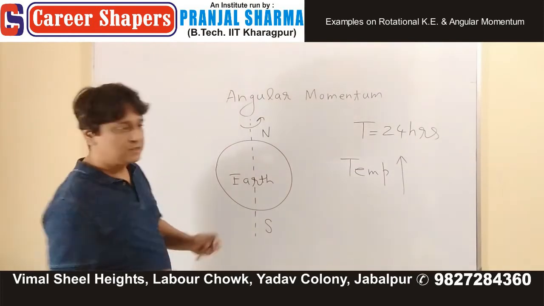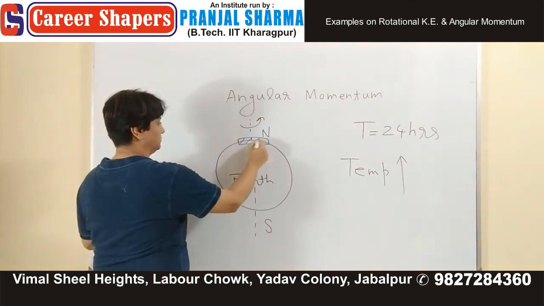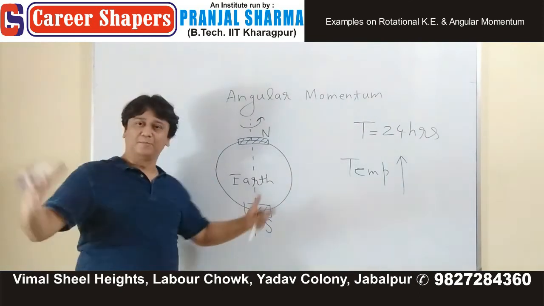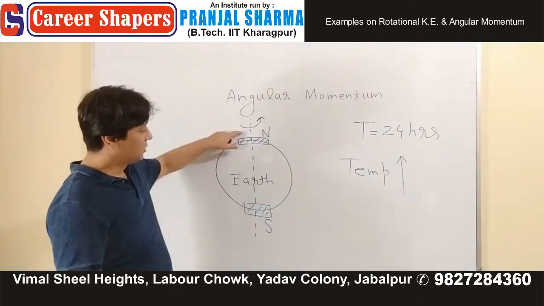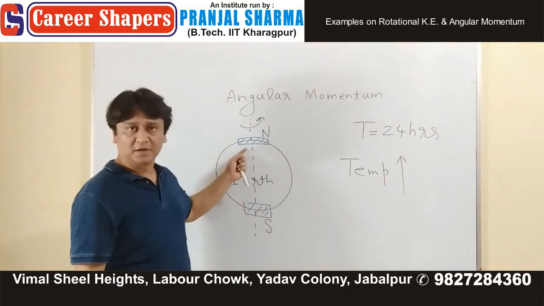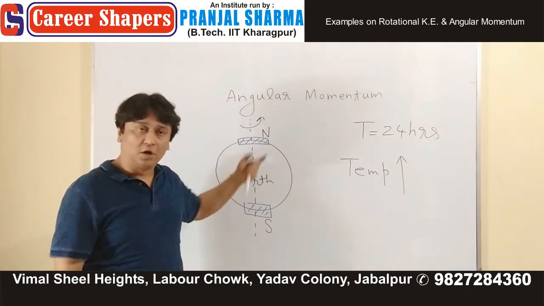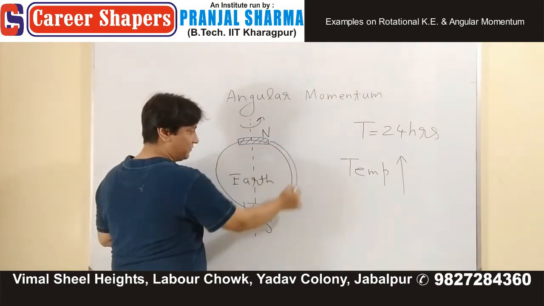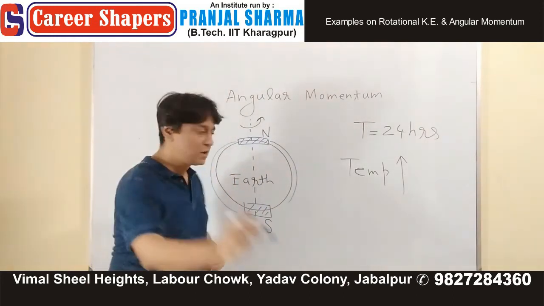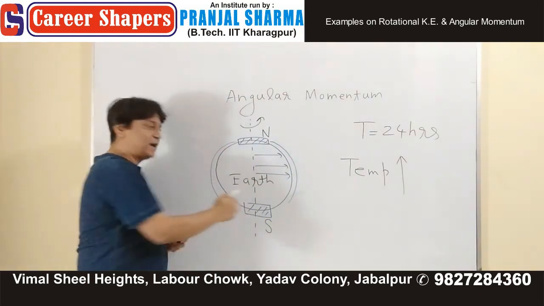And these are the ice caps. Let's say big blocks of ice you have placed over north and south. As you increase the temperature, this ice is going to melt. And as ice melts, the melt water is going to spread itself all around the surface of Earth. Which means you are effectively increasing the distance from the axis of rotation.